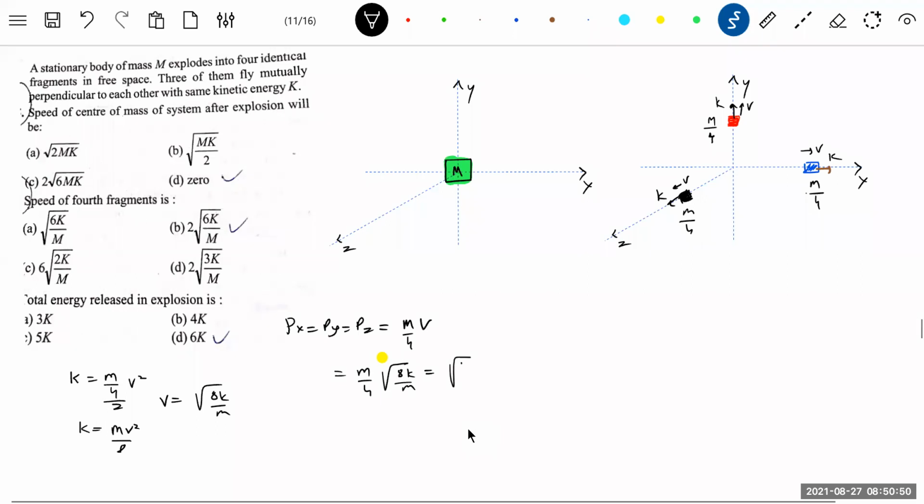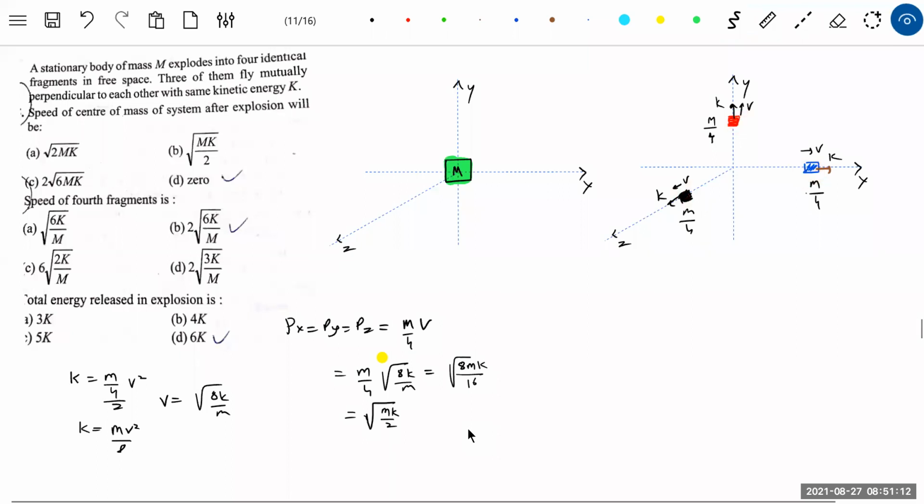So this will become 8mK by 16, that is mK by 2. If you're finding it difficult, you can apply this method. So this is the initial momentum of an individual fragment here.